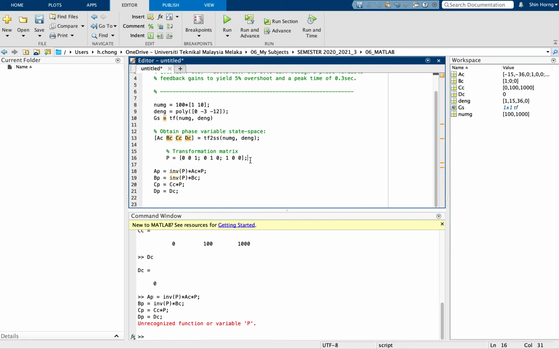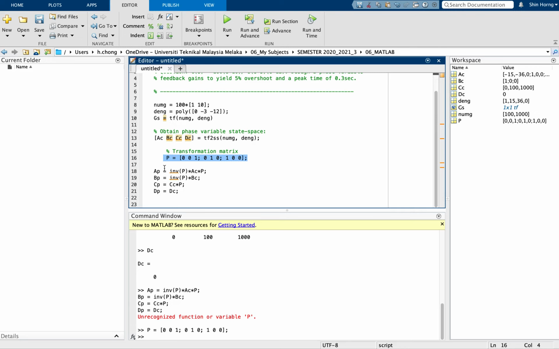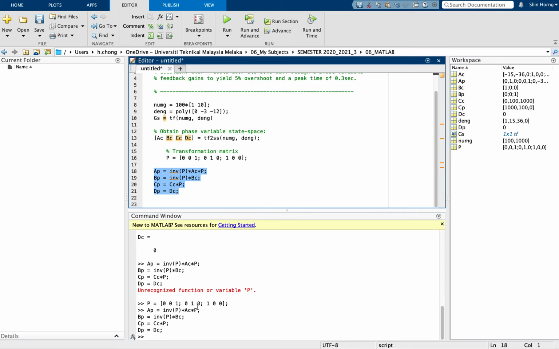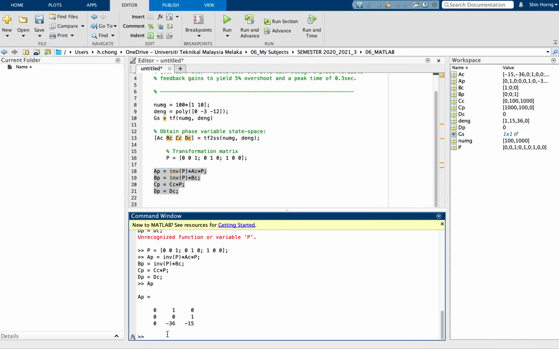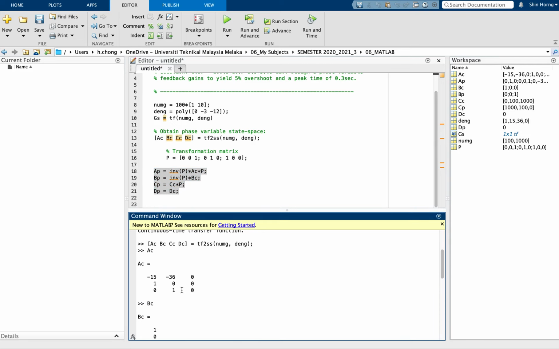Oh, sorry, I forgot to run this P. Okay, so then I run again. You can easily use the keyboard to run the script as you want. Now the AP, you see what is the difference? I have made it into the phase variable form now compared to the controller canonical form previously.